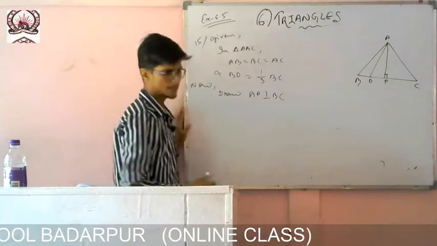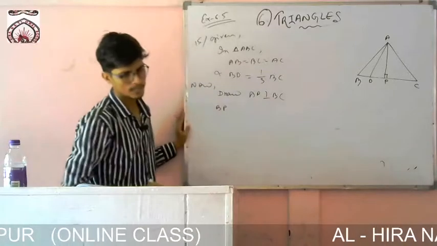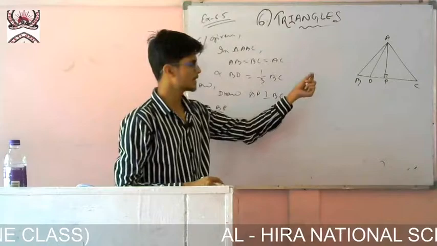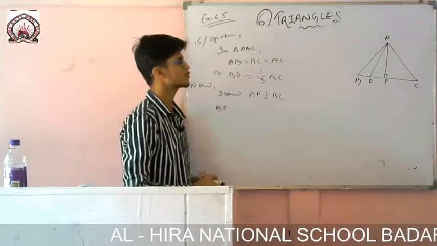After drawing AP perpendicular to BC, since it is an equilateral triangle, and we have solved one sum like this, whenever in an equilateral triangle I draw a perpendicular, the line opposite to that is bisected into two equal parts.